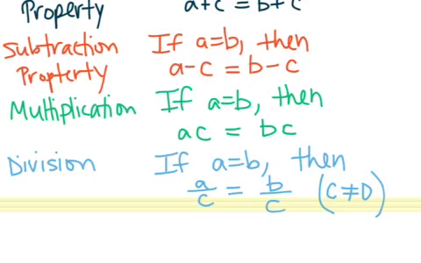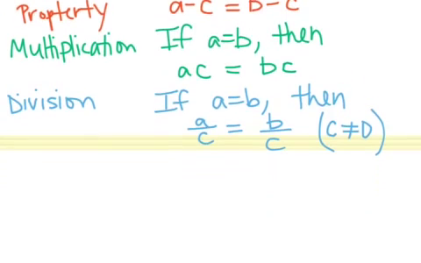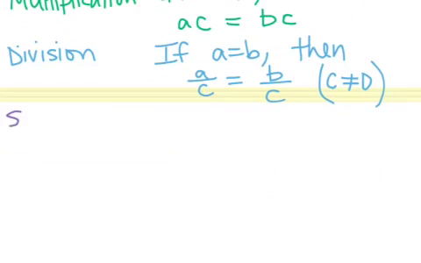And then we do have one more property of equality, and that is the substitution property. You're going to see this used as a reason a lot when we start writing proofs.